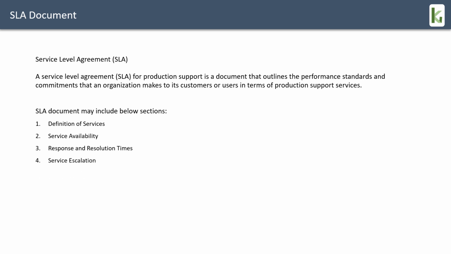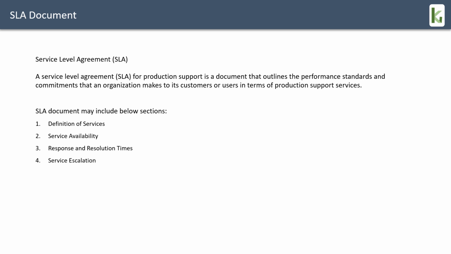Next element is service escalation. Now this should describe the processes and procedures that will be followed for escalating production support issues if they cannot be resolved within the agreed upon time frame as defined in step number 3.